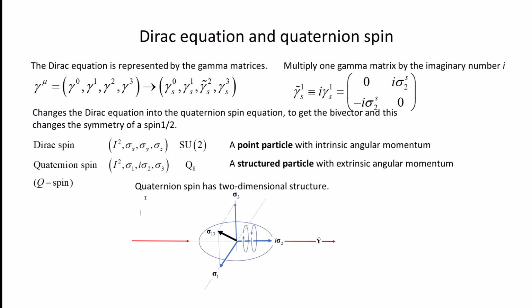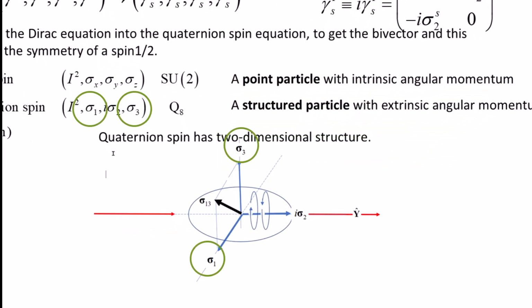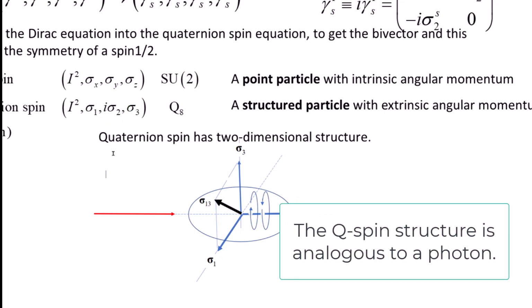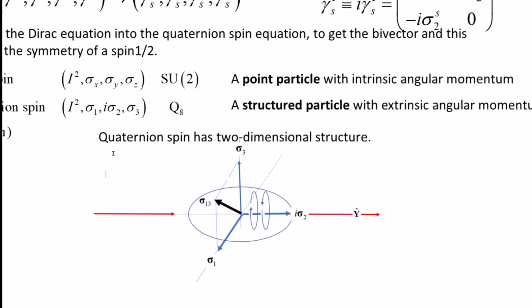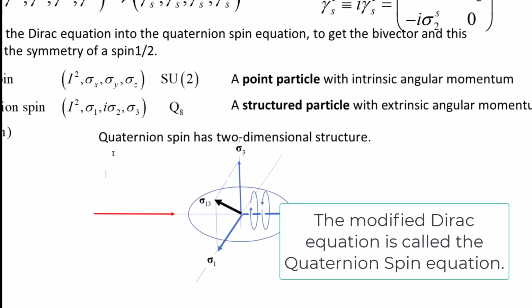It gives a spin 1/2 structure with two axes of spin polarization and the bivector, which orients the 2D polarization plane in 3D space. This is the origin of the spin structure that is like a photon, two axes of spin, sigma 3 and sigma 1, and the bivector, I sigma 2. The resulting equation, modified from the Dirac equation, can be called the quaternion equation.